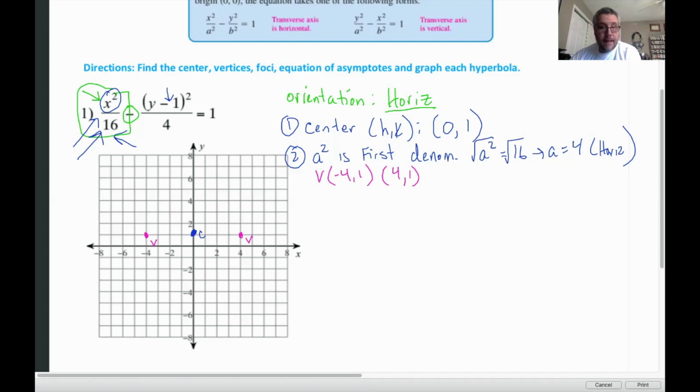Okay? The vertices, remember, they're on the transverse axis. All right, step 3. Step 3 is to note that b squared is the second denominator, or the one further to the right. So in this case, b squared is 4, which implies if you take the square root that b equals 2. And notice that that one was attached to the y fraction.